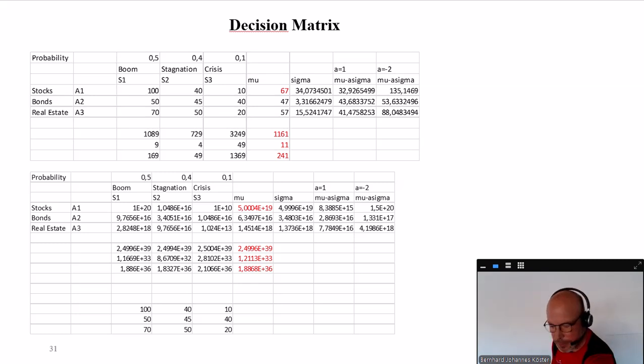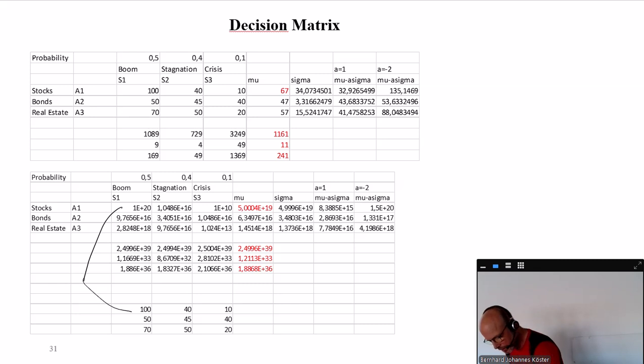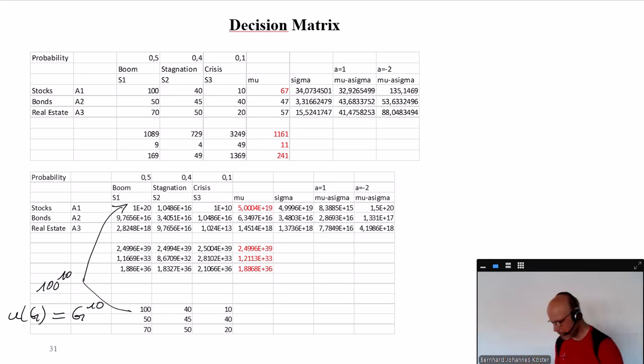So that you can remember, this number here is 100 to the power of 10. So the utility function is g to the power of 10. Okay, just go through the exercises and you will see it's just redoing what I've done here.